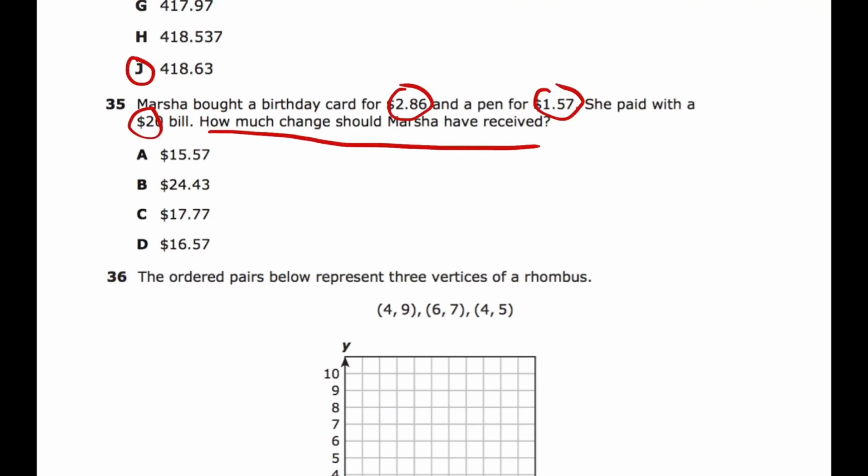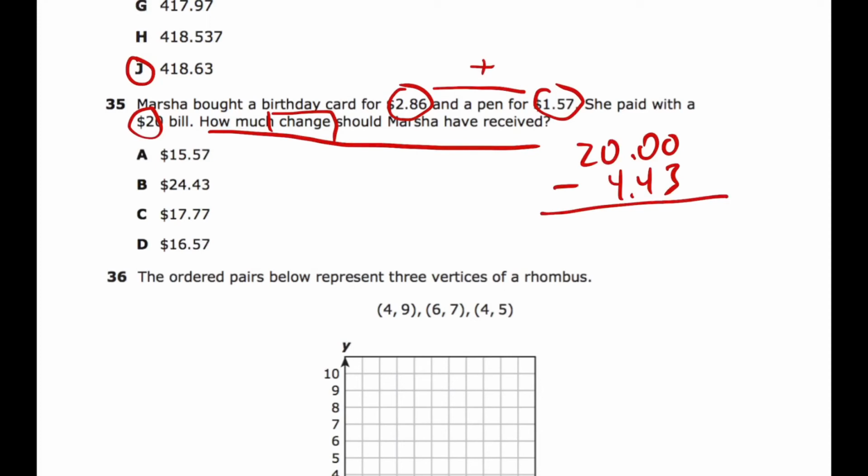So first thing I need to do is add these two numbers together. So $2.86 plus $1.57. When I add those together, I get $4.43. And then I subtract that from the $20 bill that she paid, because this is her change. So $20 minus the $4.43.